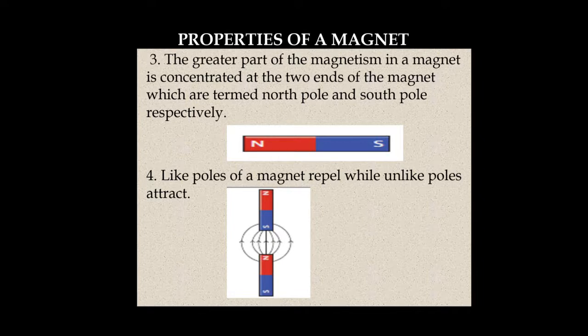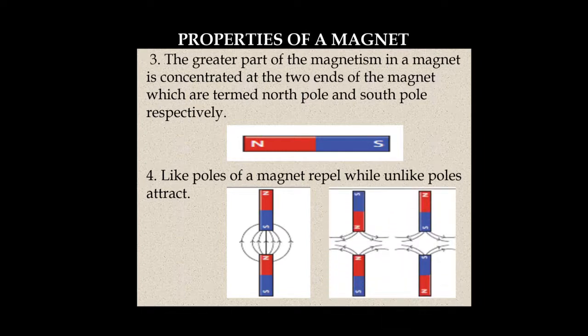So when different poles or unlike poles come to each other, they will attract, and like poles, that means when north and north pole come closer, or south pole, when they come closer to each other, at that time they will repel, that means they will go away from each other, and unlike poles like north and south pole, when they come closer to each other, they will attract or come closer to each other.